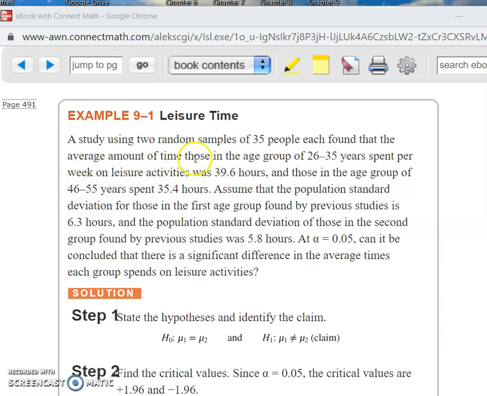And this exact same technique, everything we just did, is equally valid if you were talking about something of more consequence. If you were saying, what do you think the chances are of somebody aged 26 to 35 of dying from COVID-19 compared to people that are in the age group of 46 to 55 years old? You could find a mean for both of those. You could find the standard deviations.